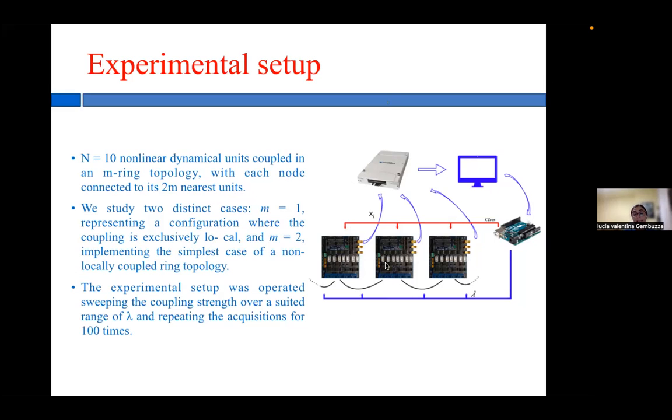And in this particular setup we can adjust the value of the coupling coefficient, which in the electronic circuit corresponds to adjusting the value of a variable resistor, and we adjust this value not manually but through the use of a computer and a microcontroller.